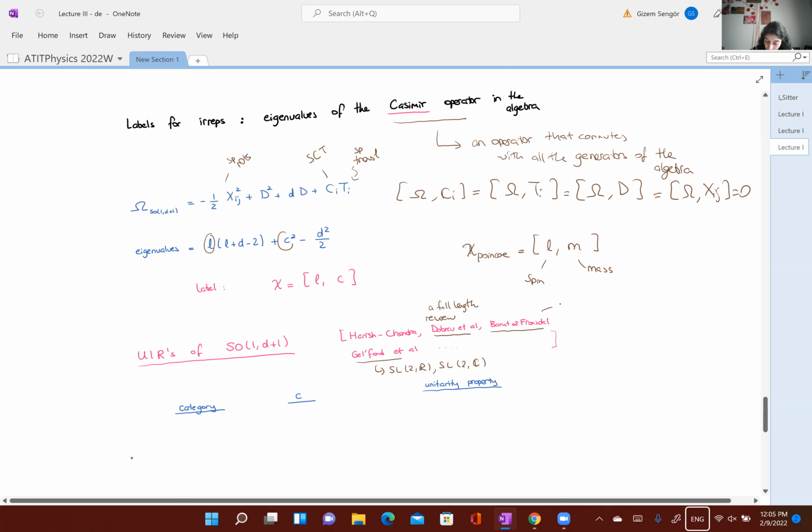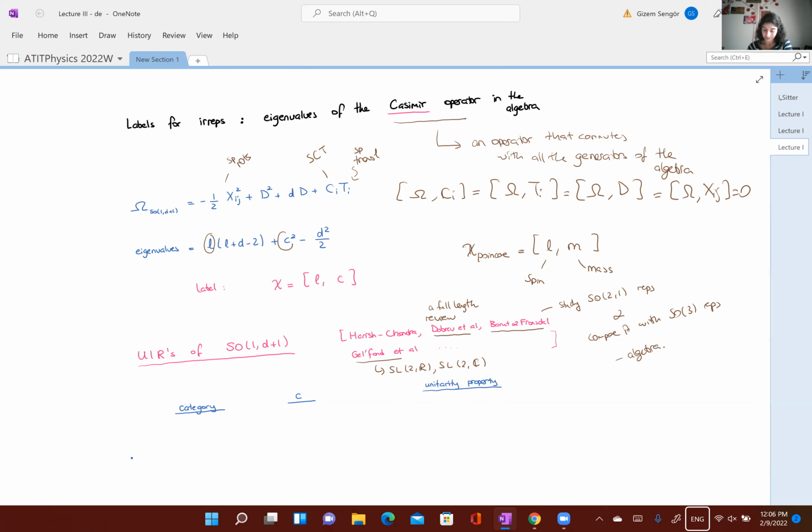And what they do is they study SO(2,1) reps and compare them with SO(3) reps. And they do this by looking at the algebra. So if you wanted to read something more at the end of this lecture series, I would point to this as the first thing.